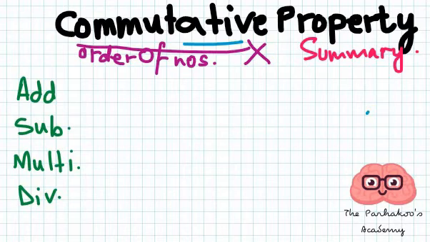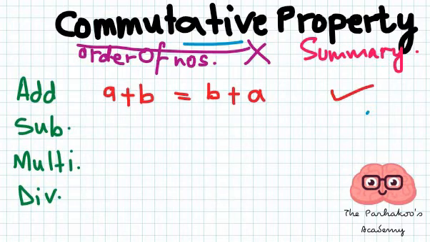So commutative property is valid for addition. You can say a plus b is equal to b plus a, or the order in which you add two numbers does not affect the result. So addition obeys the commutative property.